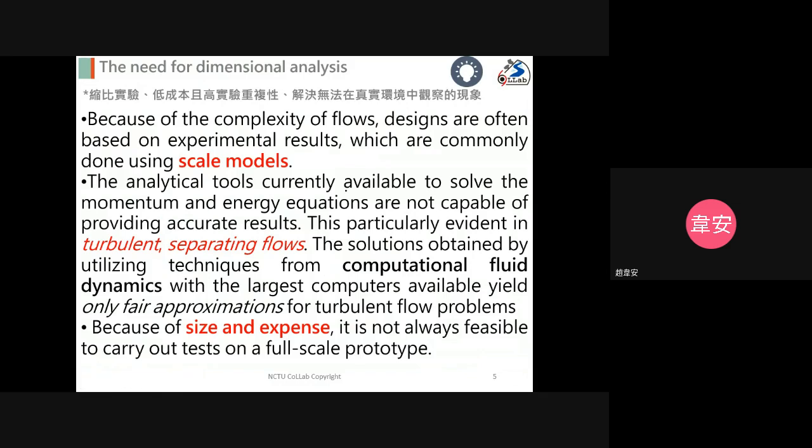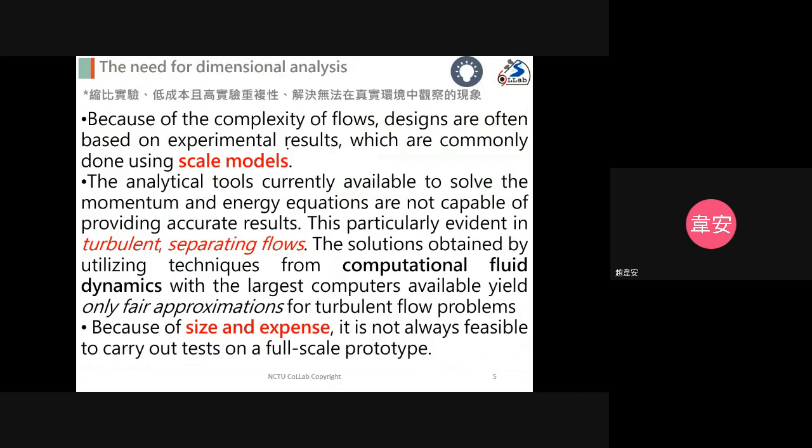So why do we need model testing? As we know, some physical phenomena are very difficult to observe in a real case. For example, turbulence and separating flows are very difficult to capture in a real case. So we need to conduct model testing to predict the true phenomena and behaviors in the real case.